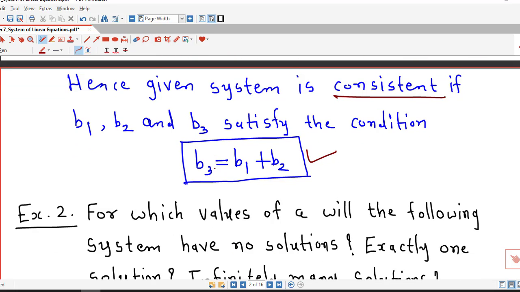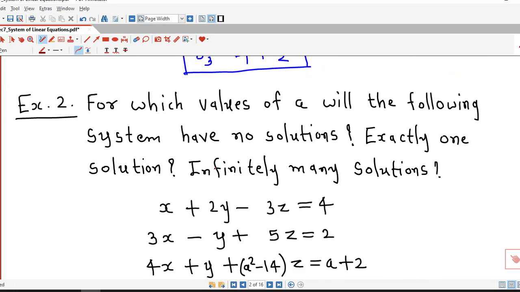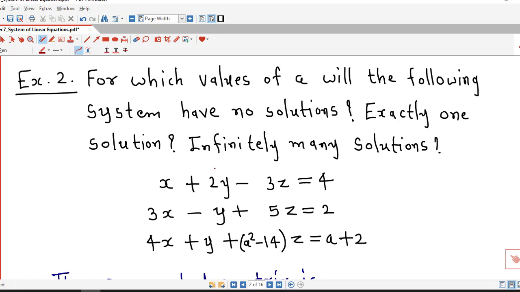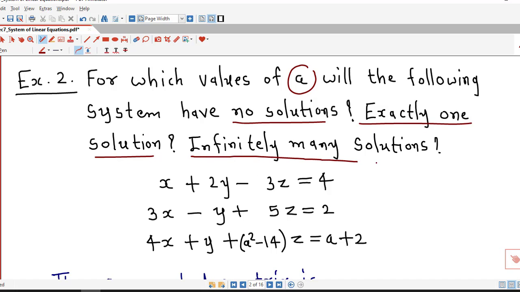We consider one more example of this type, example number 2. For which values of small a will the following system have no solutions, exactly one solution, or infinitely many solutions?